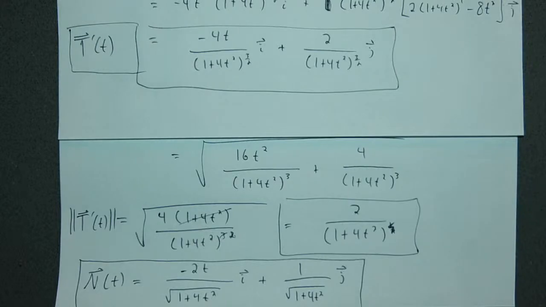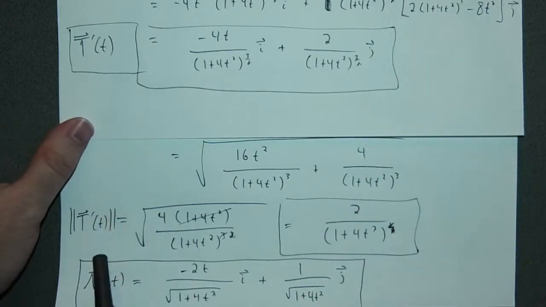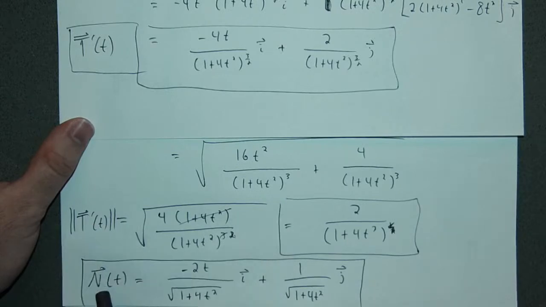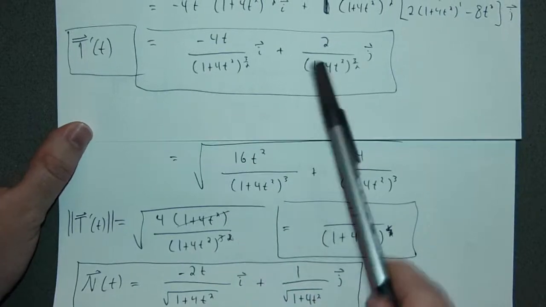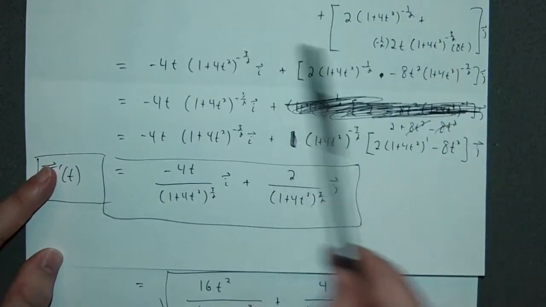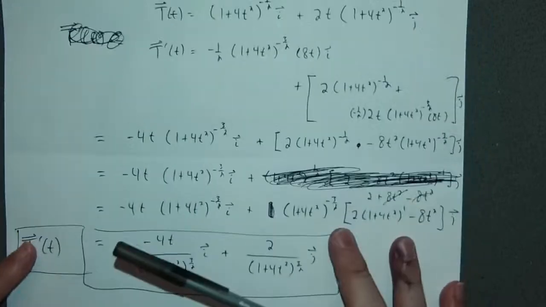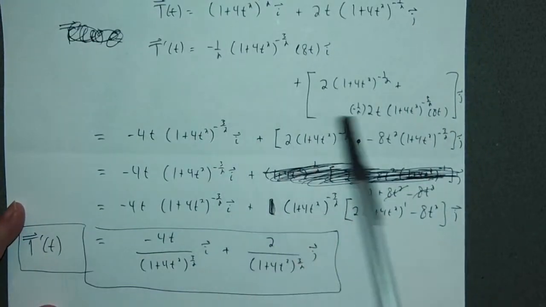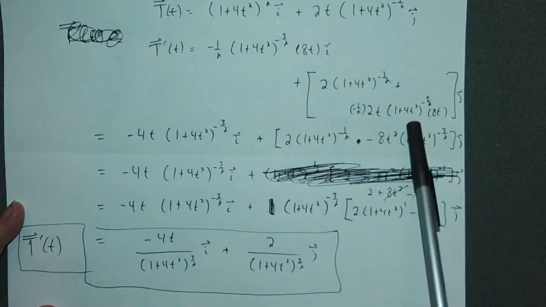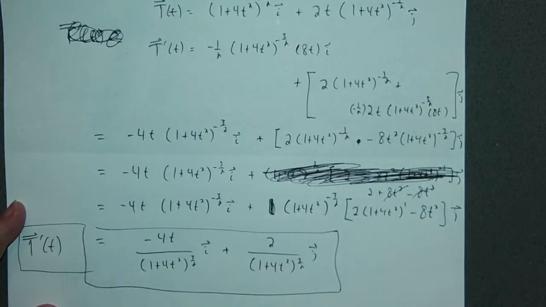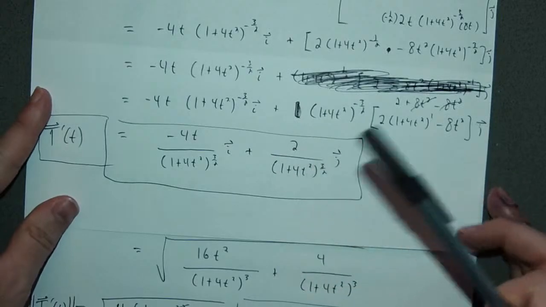Another thing, would you have had any hope of computing the length of T prime and thus the normal vector if you had not simplified this, right? If you had left this in some expanded form like this, do you have any hope that you could have computed the length of T prime if you had left it in a form like this? Well, no, right? It would be really hard to do it that way.